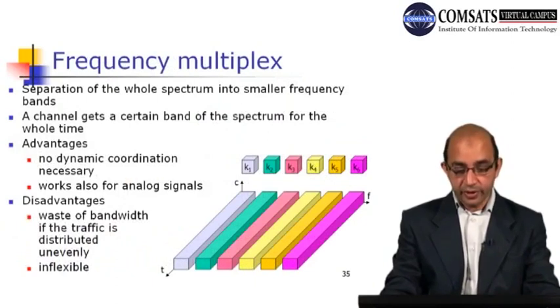So here we have shown the whole story, frequency and time. You can see the separation of the whole spectrum into smaller frequency bands. A channel gets a certain band of spectrum for the whole time. Different colors show different channels, and we should have some guard band in between.